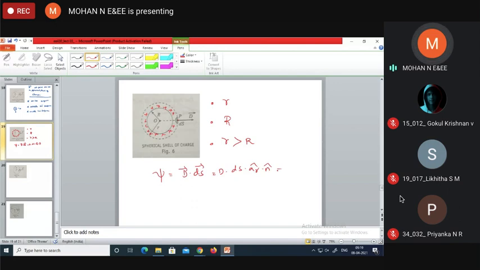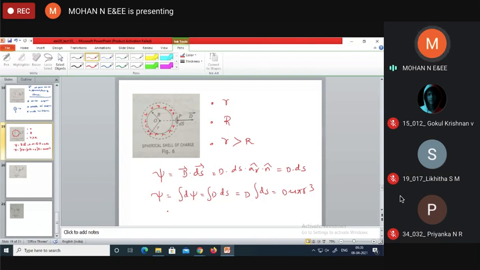The total surface area ds of the sphere is nothing but 4 pi r square. So D into 4 pi r square is exactly equal to Q.